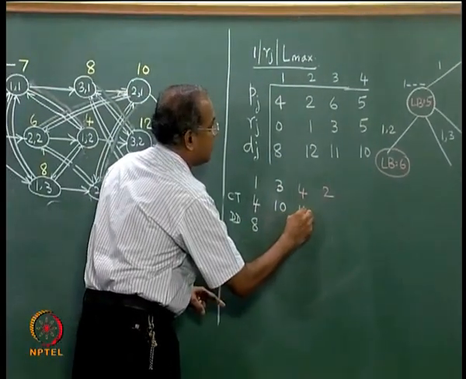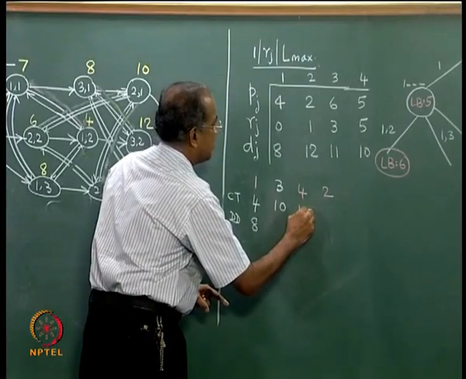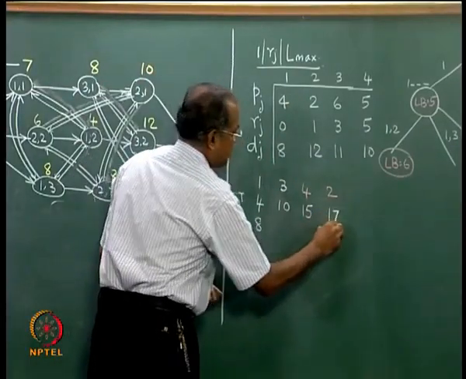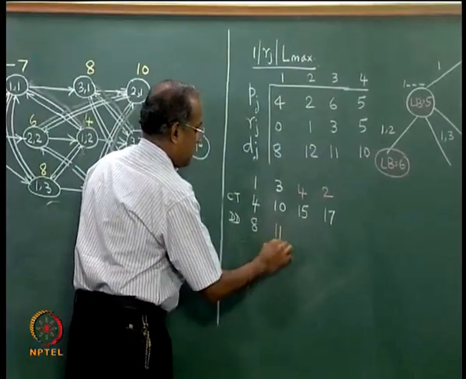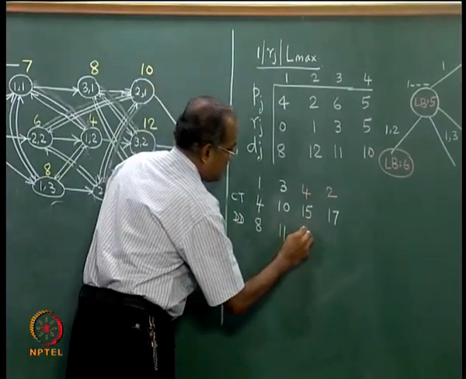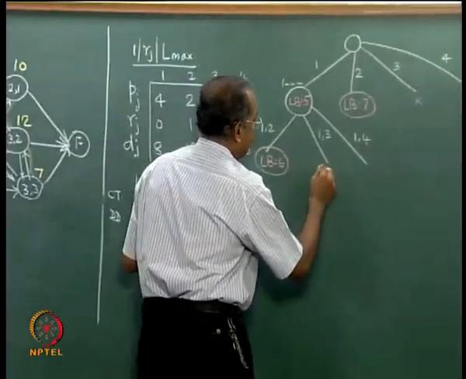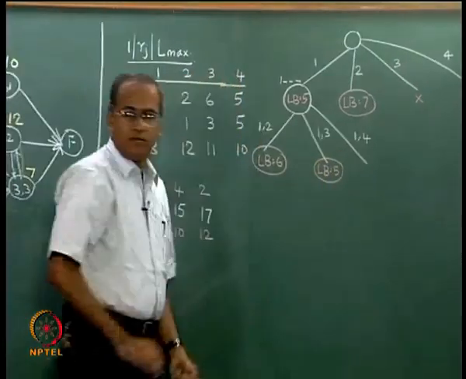So this will become 10 plus 5, 15. At 15 job 2 is available. So this will become 17. Now the due dates are 8, 11, 10 and 12. So L max remains at 5, lower bound remains at 5.